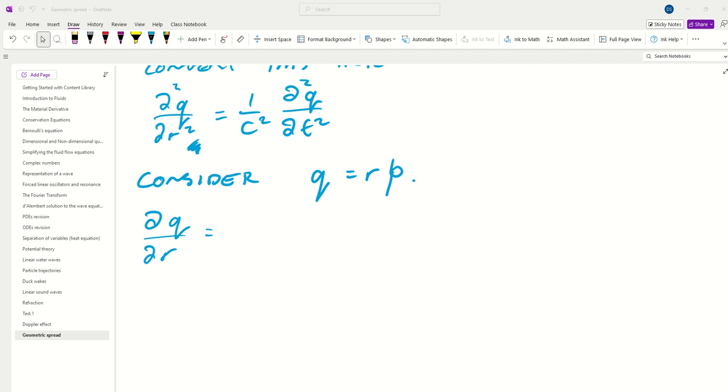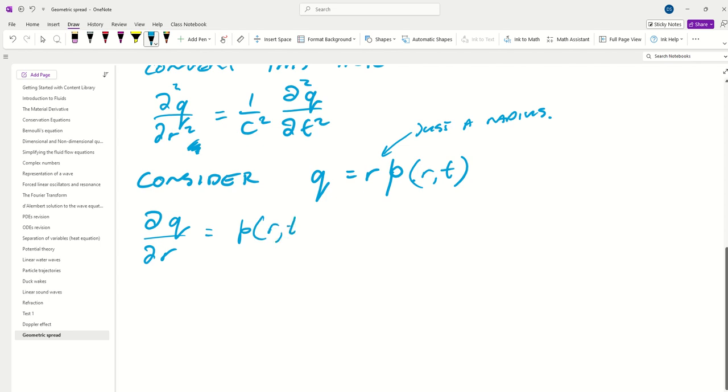I now have to do this with the product rule because I've got this as a function of radius and time. R is just a function of radius. And that'll be important later. So we use the product rule, differentiate the first function, leave the second one alone. Then we differentiate the second function, leaving the first one alone.